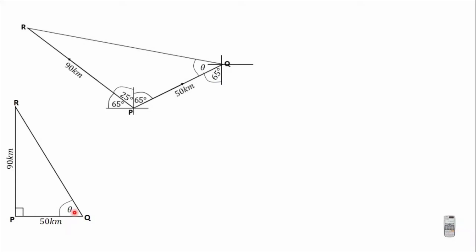We can use one of the trig ratios that we've learned. Considering this angle here, which is theta, 90 is opposite and 50 is adjacent. If you have opposite and adjacent, what trig ratio can you use? I'm going to use tan, because tan will give me opposite over adjacent.